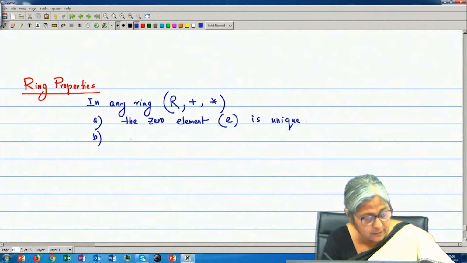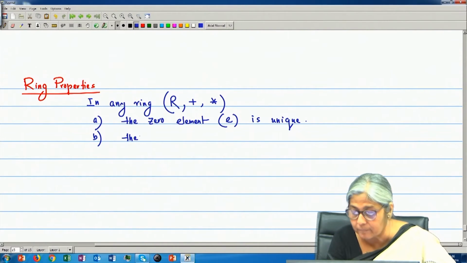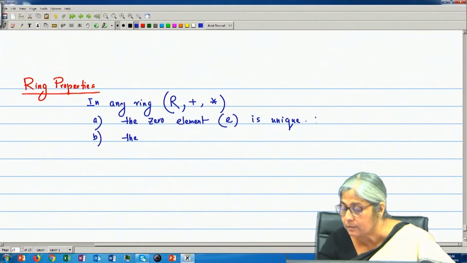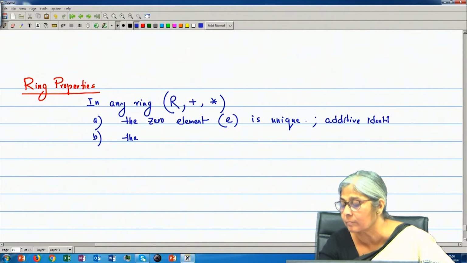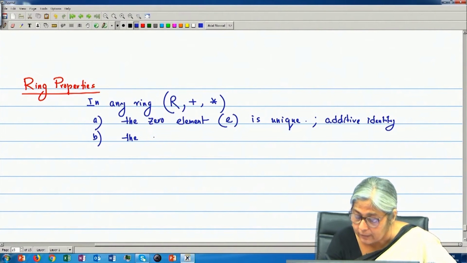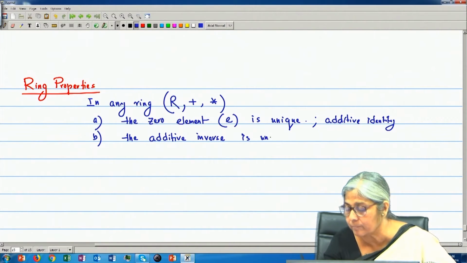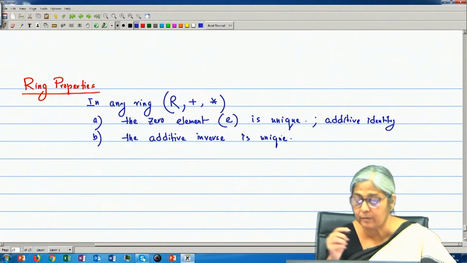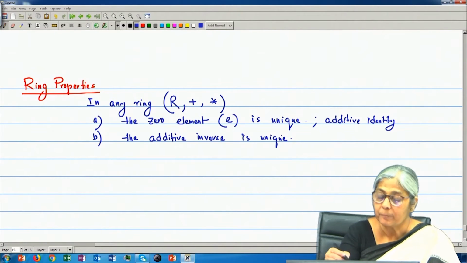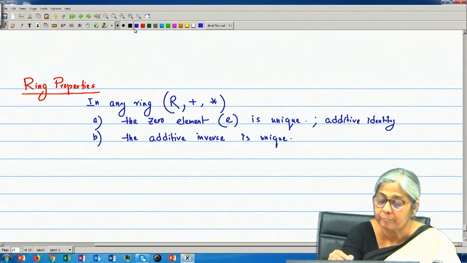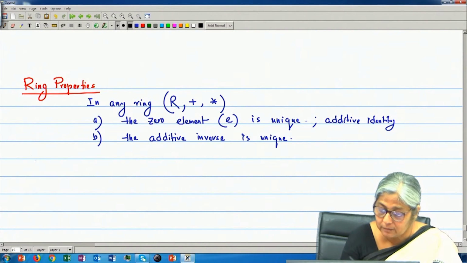In the same way I can write the additive inverse. So, e is the additive identity, and the additive inverse is unique. How can I prove it? Okay, I give a proof.